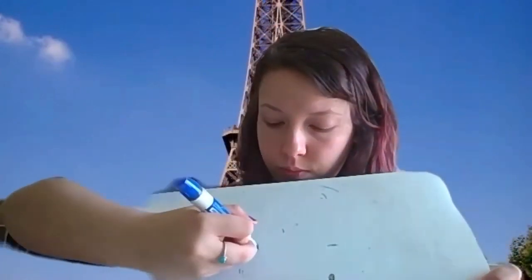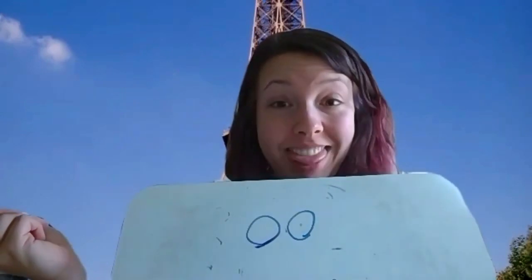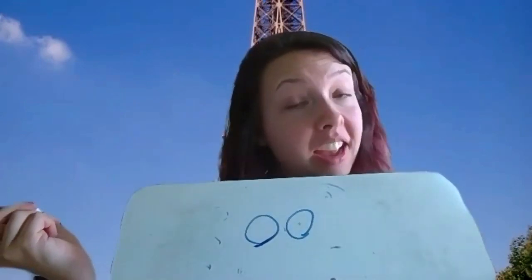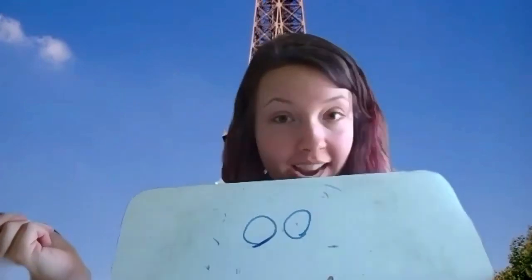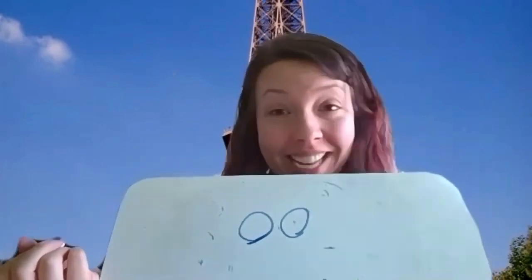Okay, so we know that there are 12 turtles. And then some more came swimming. Now there are 18. So all we have to do is draw more circles until we get to 18.